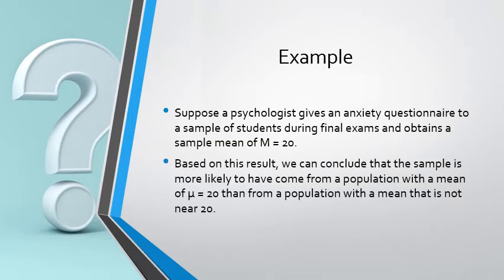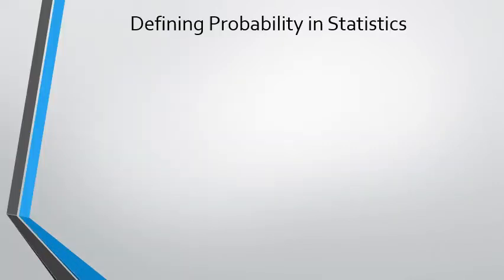Based on this result, we can conclude that the sample is more likely to have come from a population with a mean of 20 than from a population with a mean that is not anywhere near 20. So our basic assumption is that anytime you have a sample mean, we're going to assume that the population mean is pretty much the same as what we have for the sample mean. It's just a basic assumption we make in statistics.